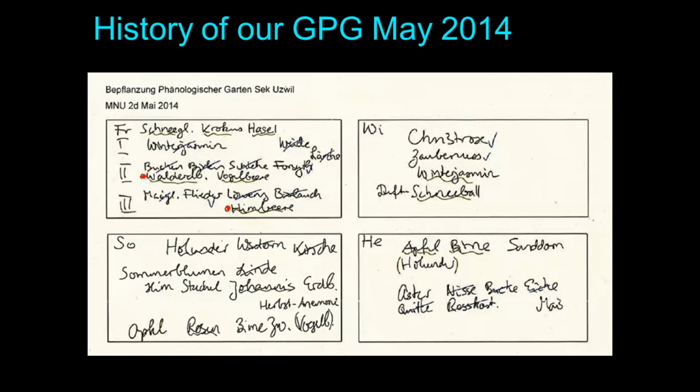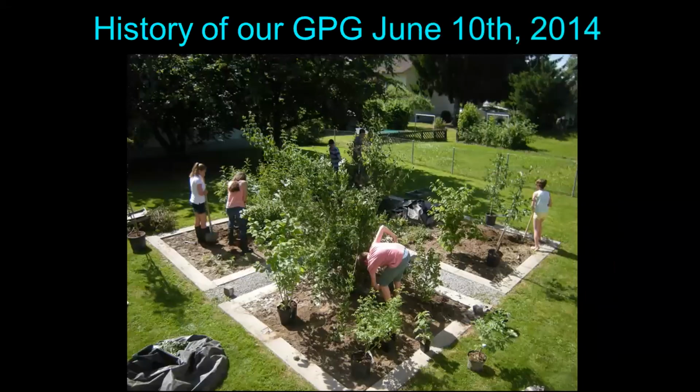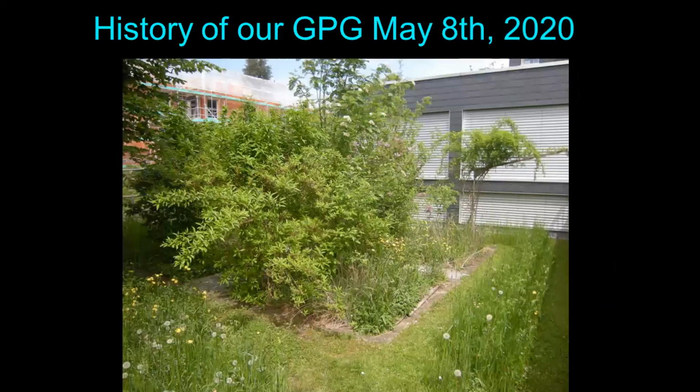So we planted, for example, apple tree or strawberries and other plants. So this was the day in June 2014 when my students put all the plants we ordered into the phenological garden. And this is how it looked last week.